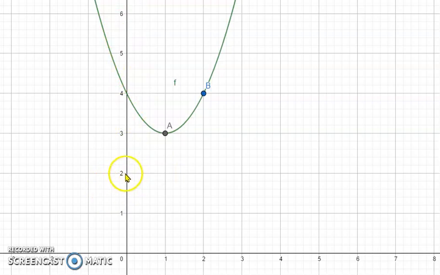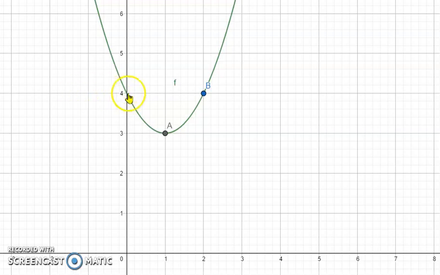Let us say y is equal to 2. There is no value of x that can give you an output of 2. That is why, as I said earlier, I picked some points here. Let us say I pick y is equal to 4. Is there a value of x whose output is 4?